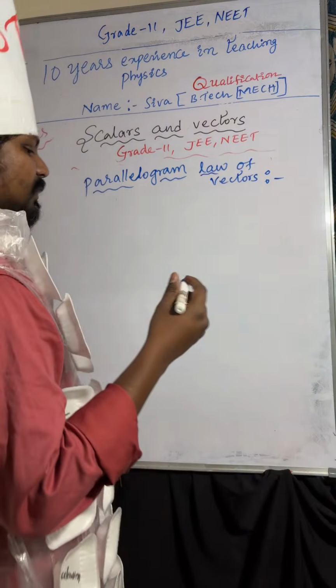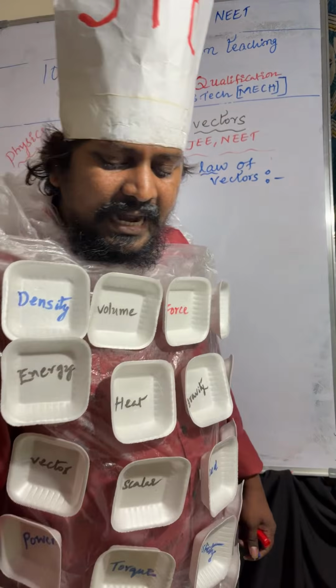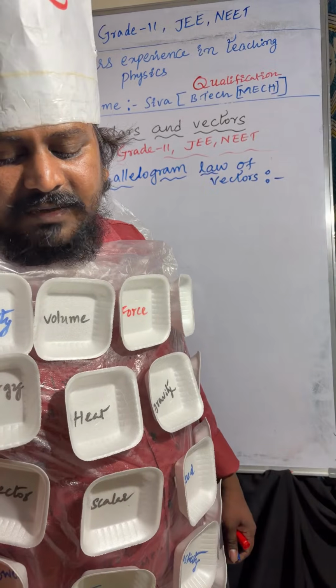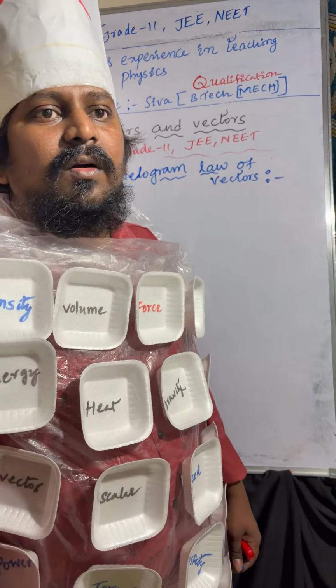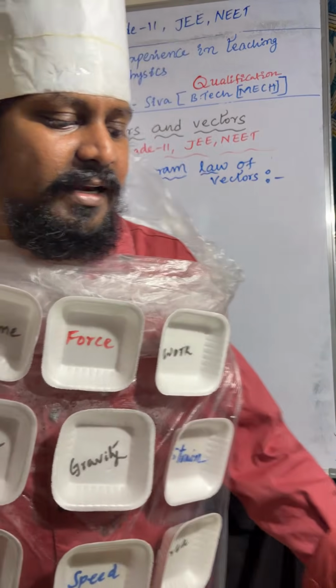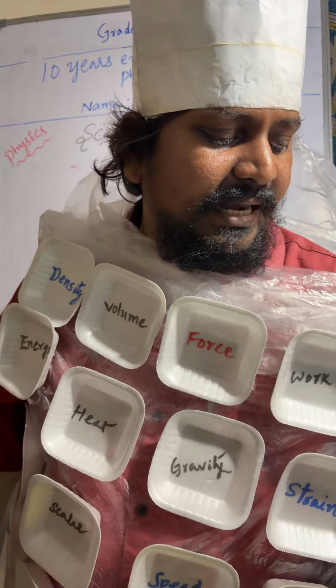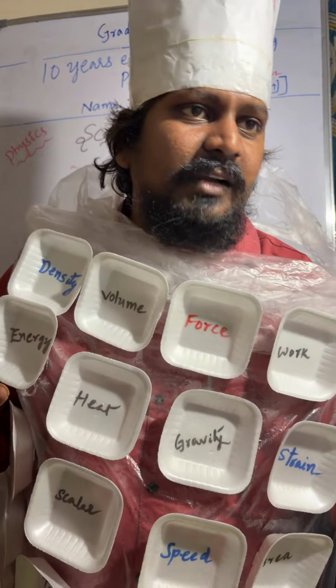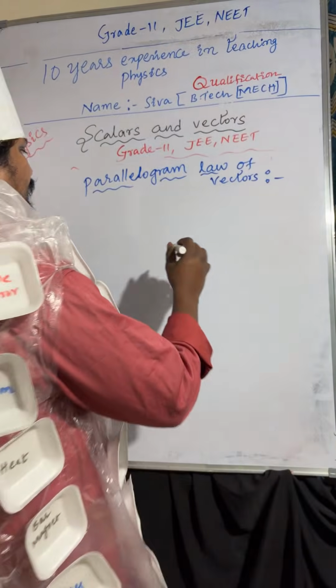Now you can observe two vectors are acting along the two sides of the parallelogram. Those two vectors are acting at one point. That is very, very important. Those two vectors are acting at one point.